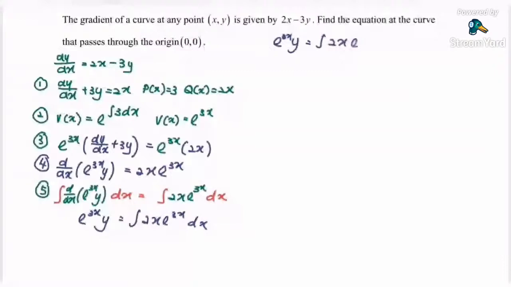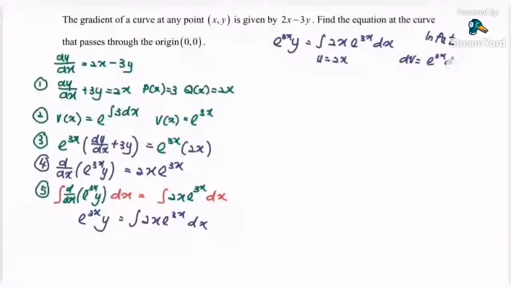So for the by part method, we have u and dv. So by referring to ln, polynomial, exponent, and trigo, the function involved is polynomial and exponent. So u will be equals to 2x. dv will be equals to e 3x dx. Differentiate the situation. du equals to 2 dx. v is equals to e 3x over 3.